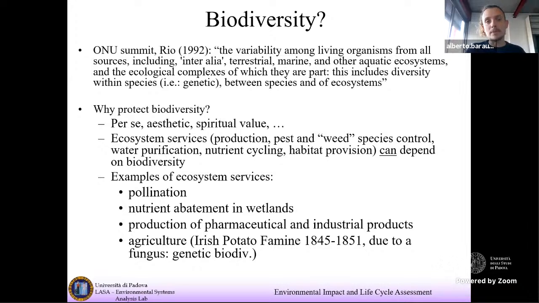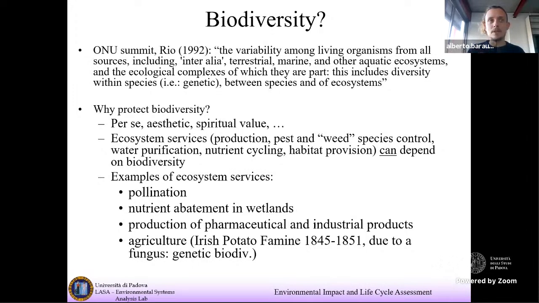Ireland was a very poor country back then, and a lot of people, especially the poor people, relied for food consumption on potatoes. And the problem was that they relied on just one species, potatoes, and this species had very low genetic diversity. When this fungus, this mold, spread in Ireland in the middle of the 19th century, it killed most of the potato plants because they were all genetically identical.